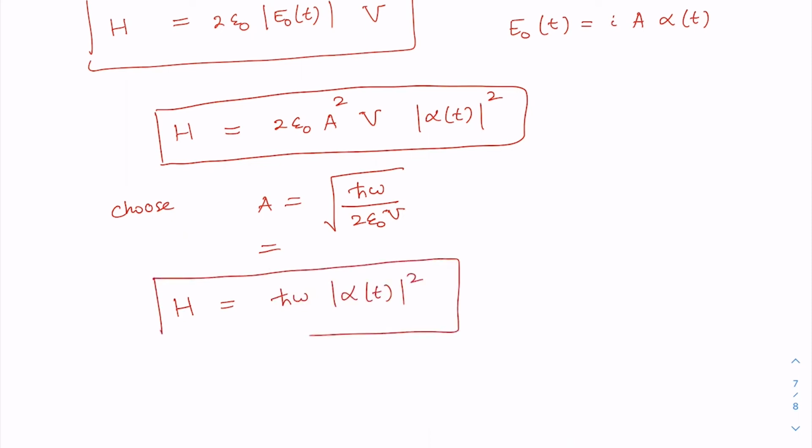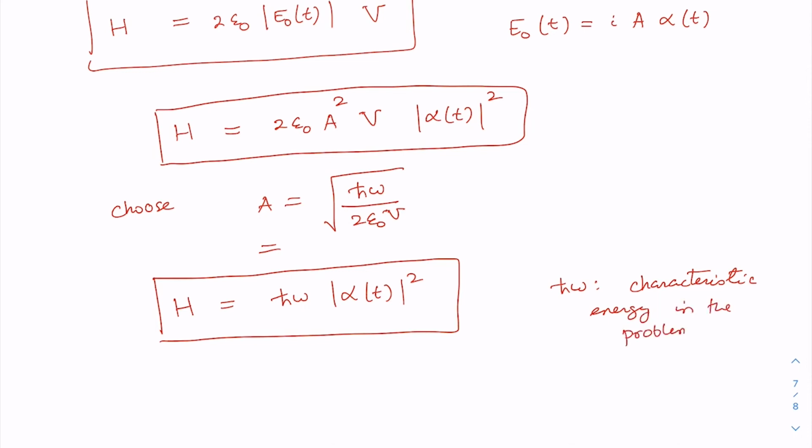This is the form we get. We are still in the classical domain, by the way. In fact, here this h cross omega is the characteristic energy in the problem.